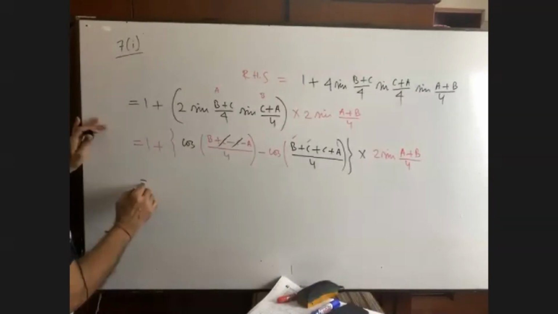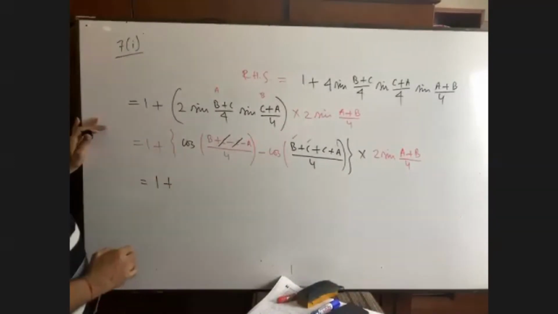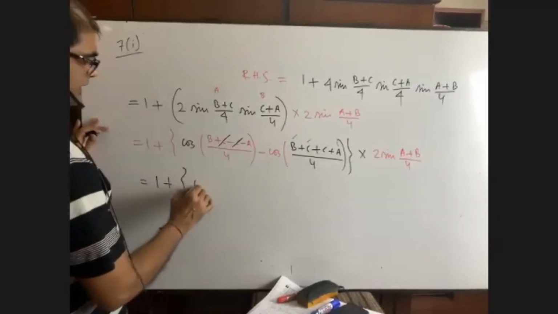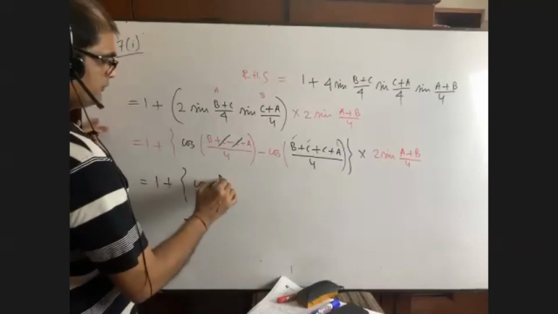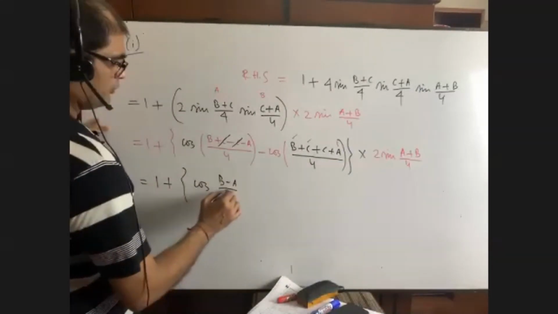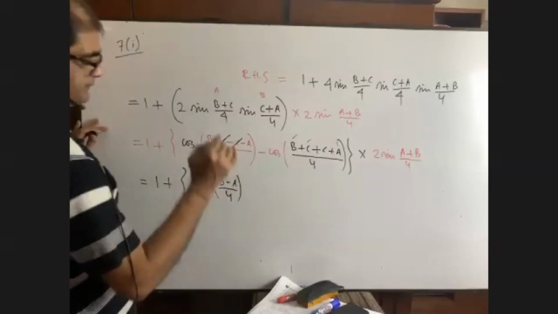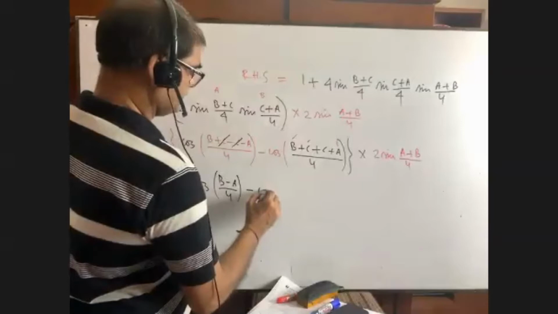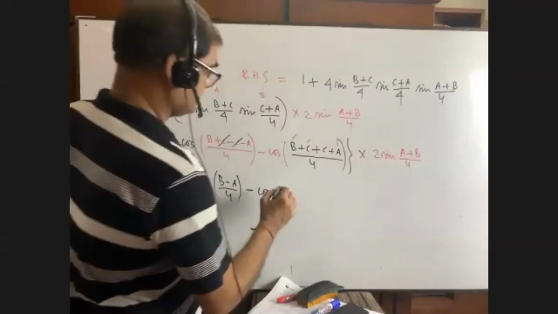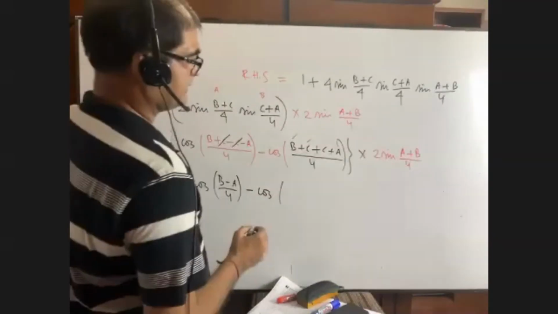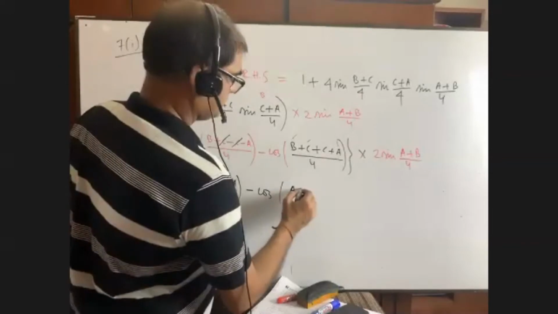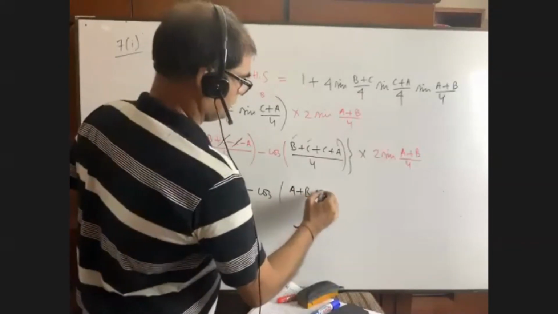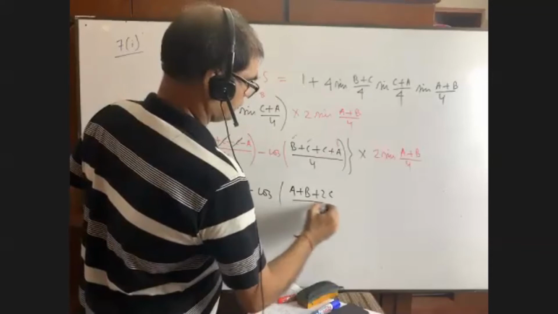I'm going to write down again 1 plus cosine of B minus A by 4, okay? It is minus cosine, again minus cosine, we can write here A plus B plus 2C by 4.